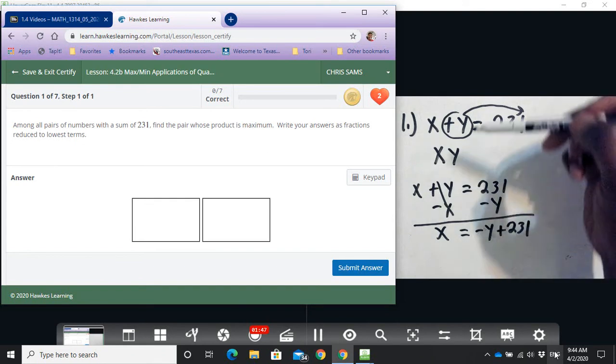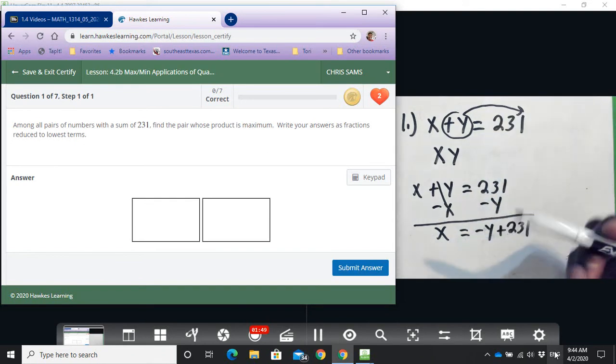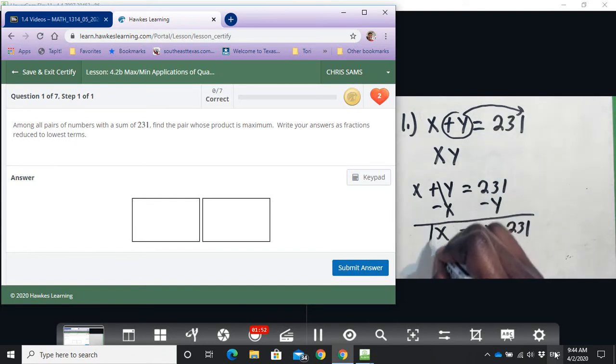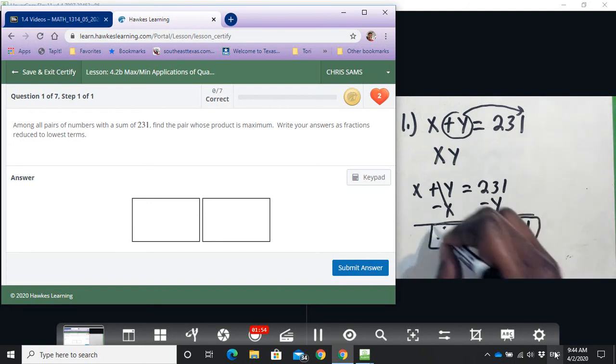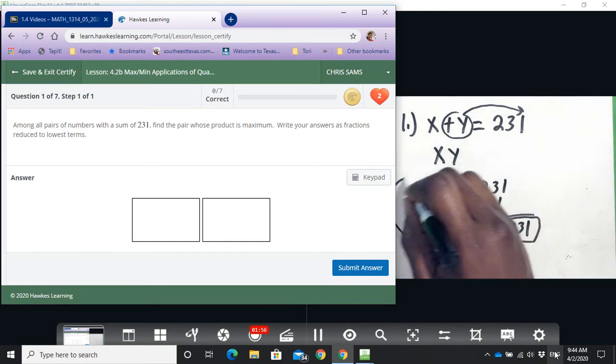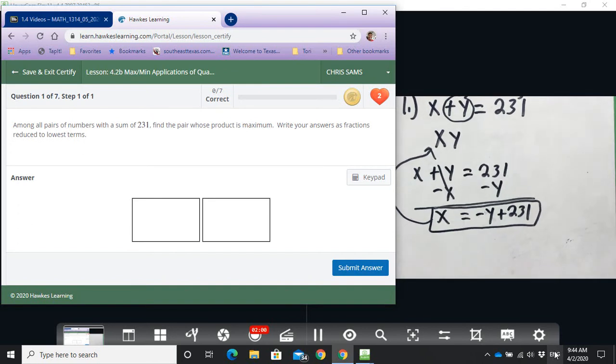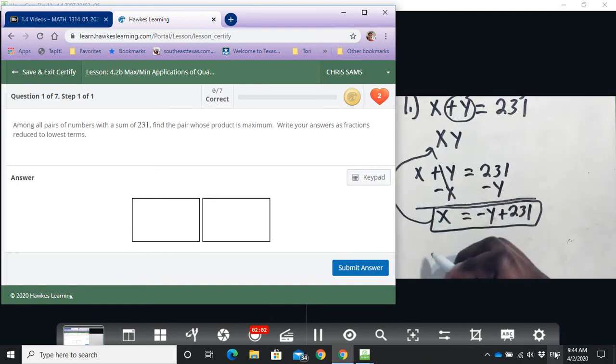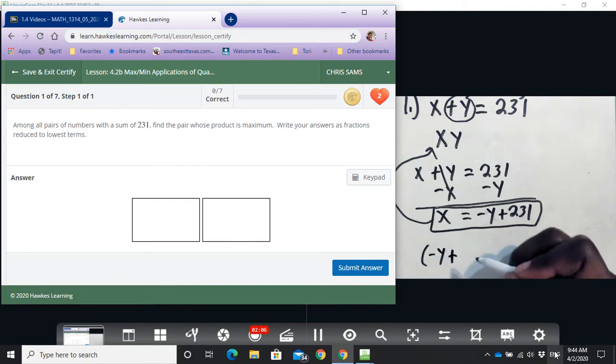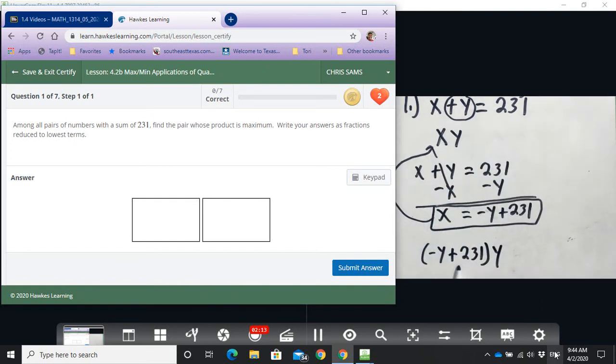Okay, so this equation and this are the same. I have now solved for x. I'm going to take this and plug it in right here and solve that new equation. So instead of x, I'm going to have negative y plus 231 times y. So this is my x times y, now this expression.